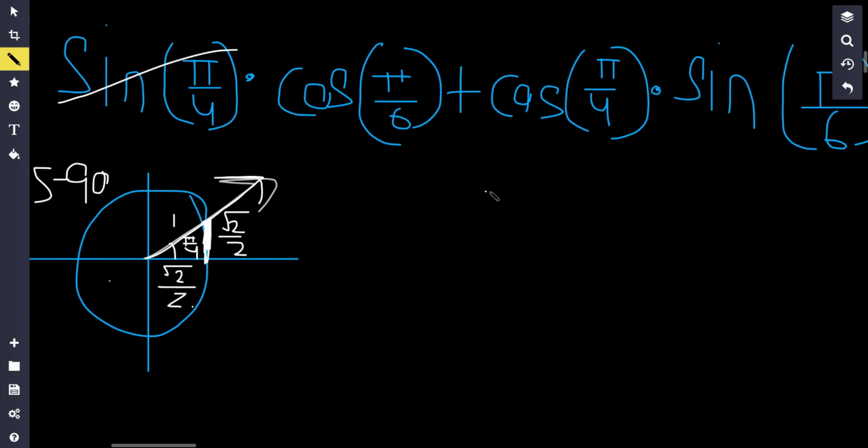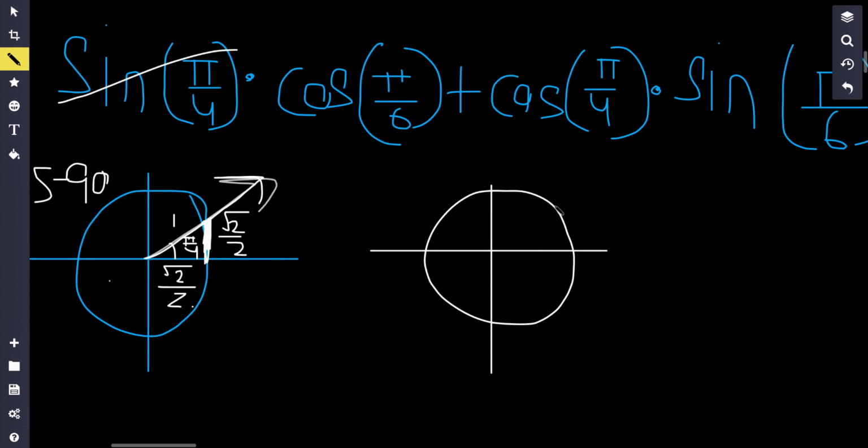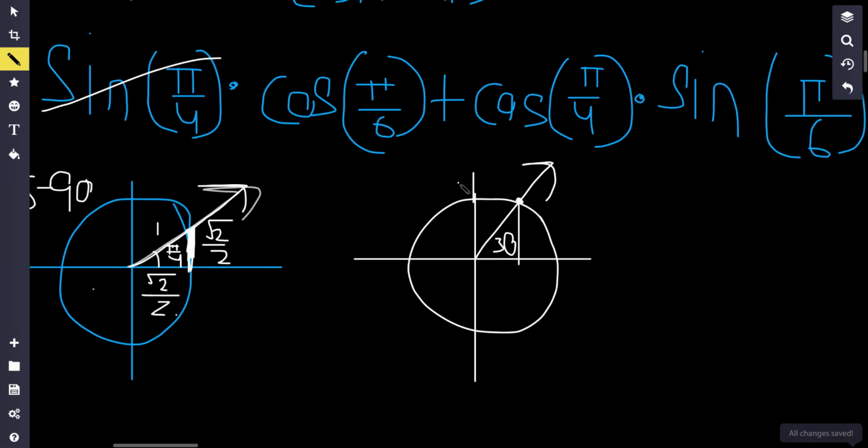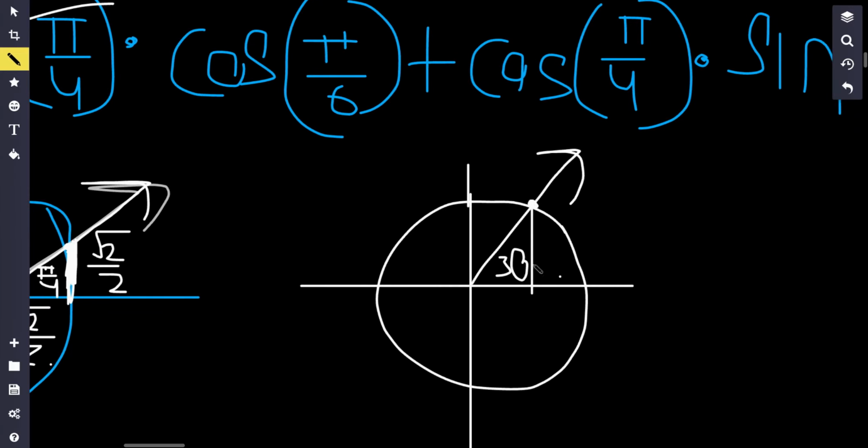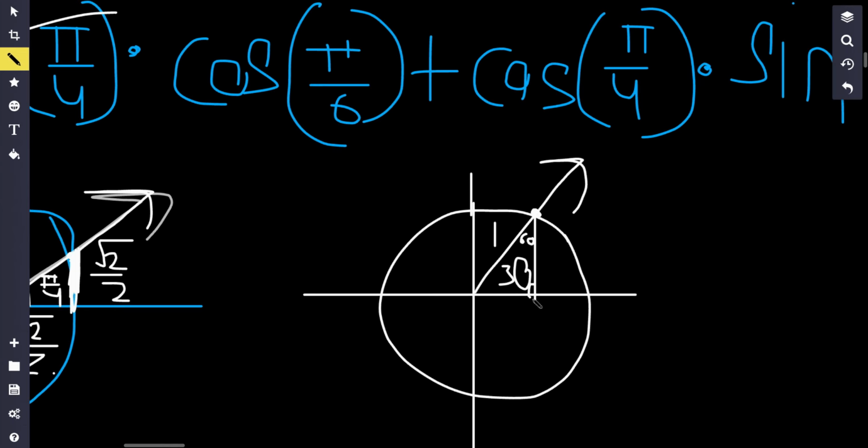Now, what's cosine of pi over 6? Remember that pi over 6 is the same thing as a 30-degree angle. You can convert it into degrees if it helps you see this better. This is going to be a 30-60-90 right triangle, and cosine is represented by the x value.